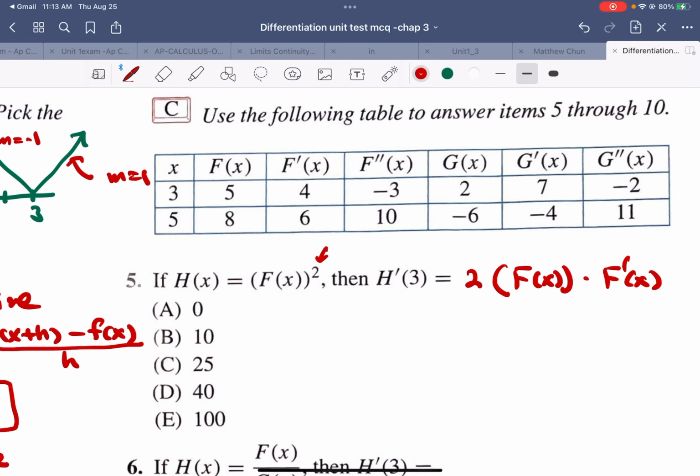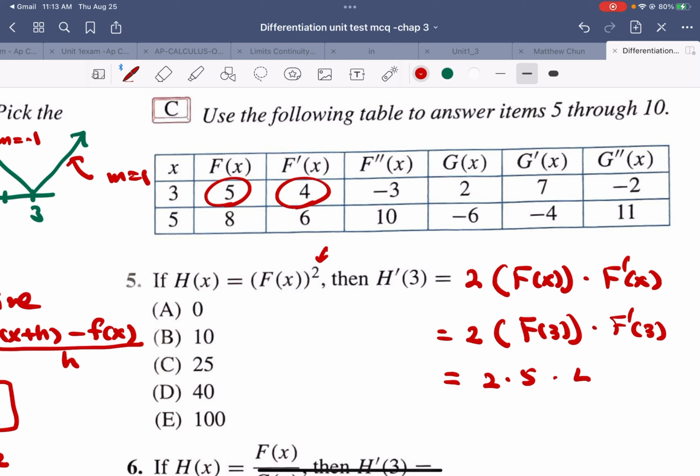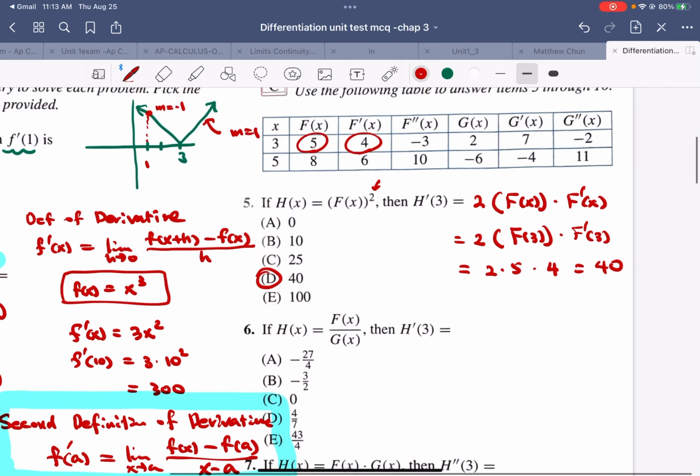Now you plug in 3, so 2 f of 3 times f prime of 3. F of 3 is right here. When x is 3, f of x is 5. So 2 times 5 times f prime of 3, which is 4. So 2 times 5 is 10, so 40 will be the answer. 5 is D.